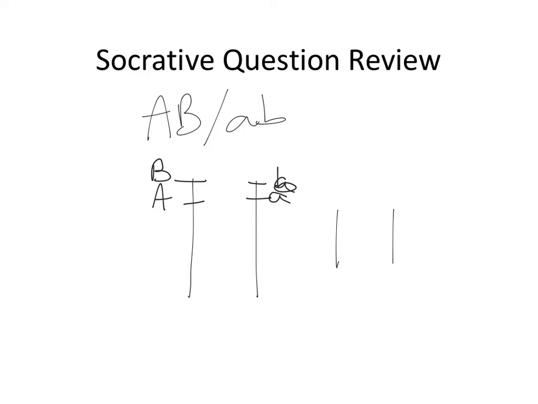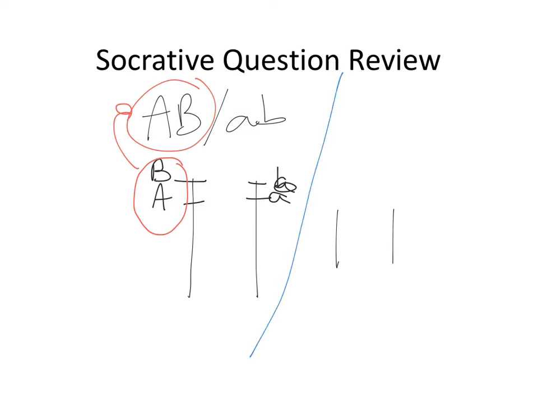And just for complete clarity, the reason here that I drew the capital A connected to the capital B is because that's what that nomenclature tells me. The big A and the big B next to each other, no separation, no punctuation between them, means that those are the two alleles that are on the same physical piece of DNA. You could do something like this, big A, little b, / little a, big B, which would look like that.